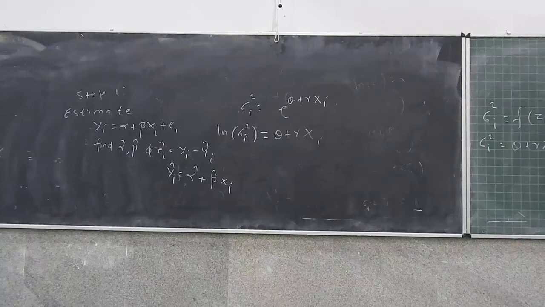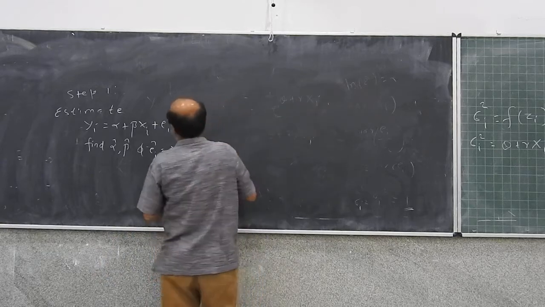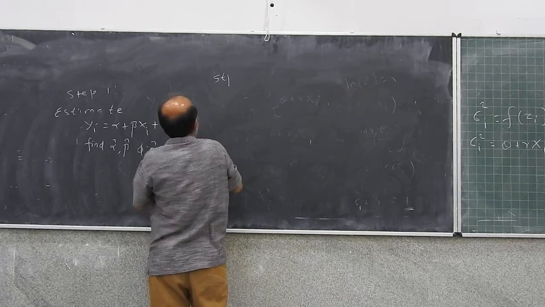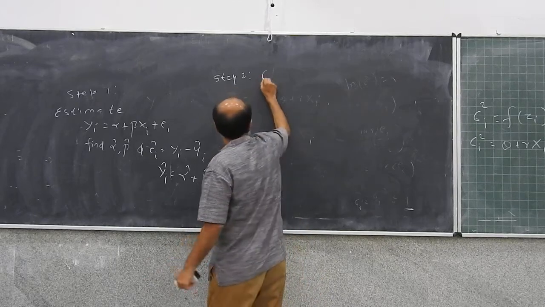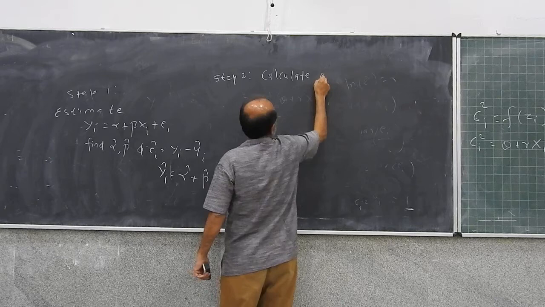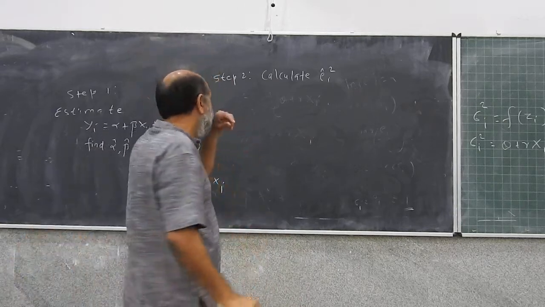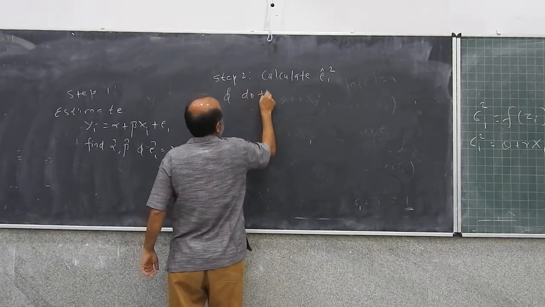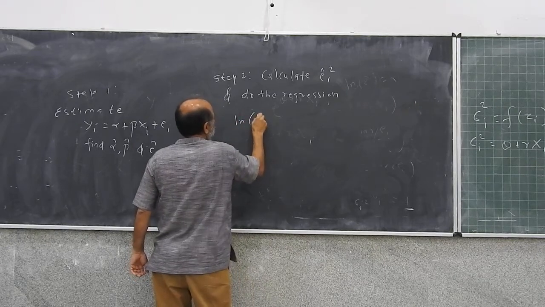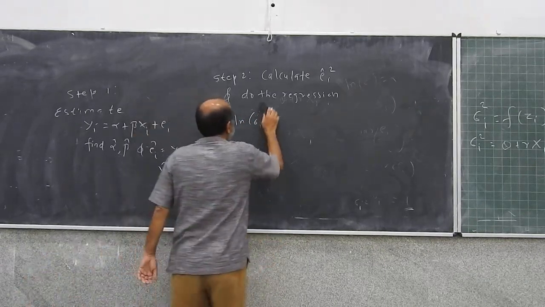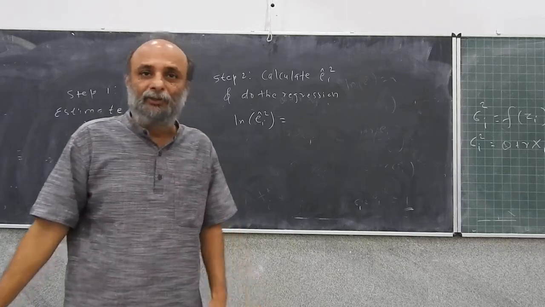Then calculate e hat i square. Okay? And log of e hat i square is equal to theta plus gamma xi.